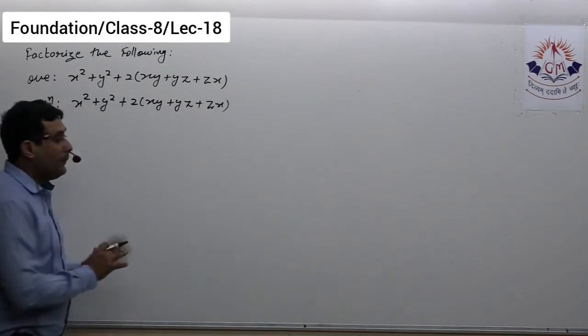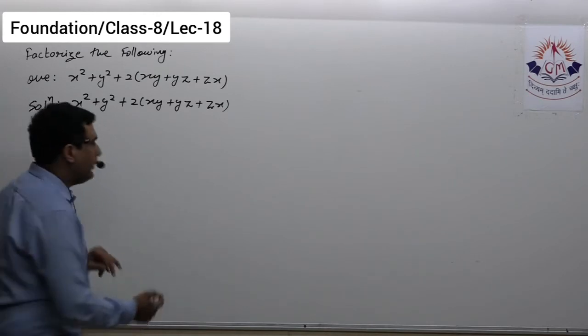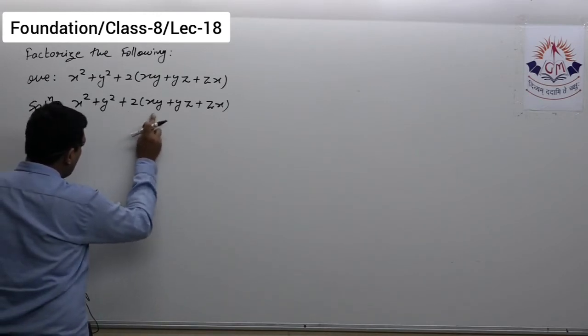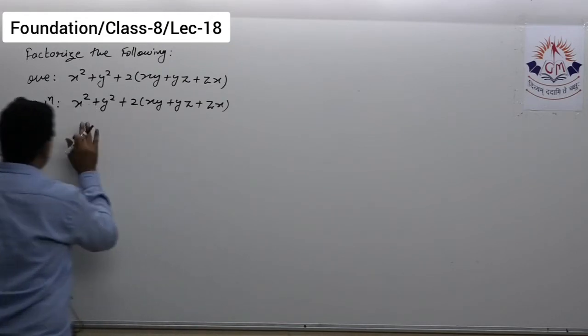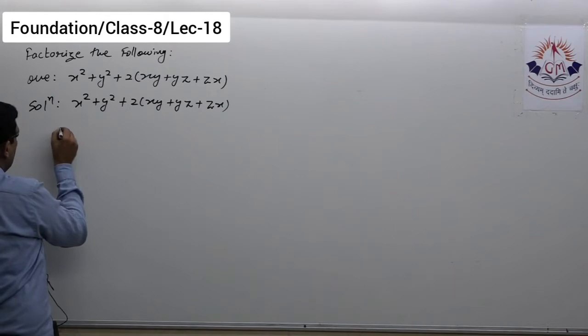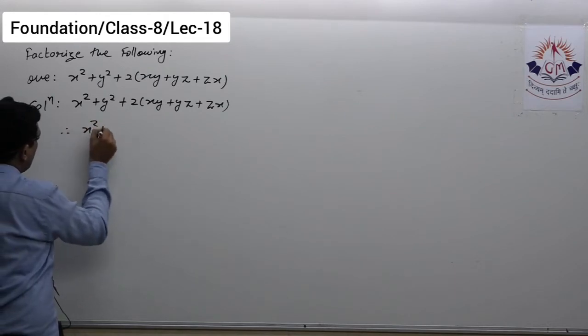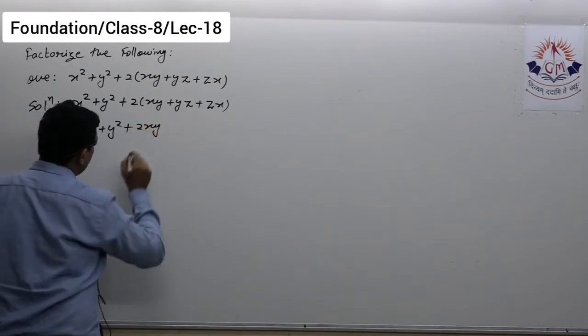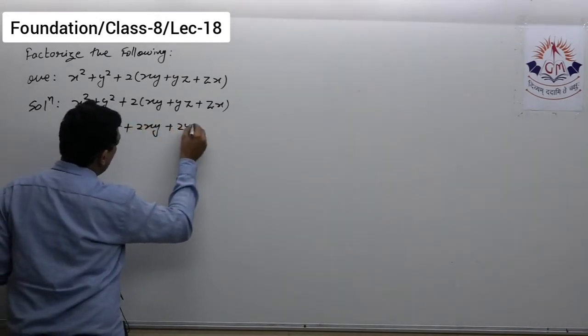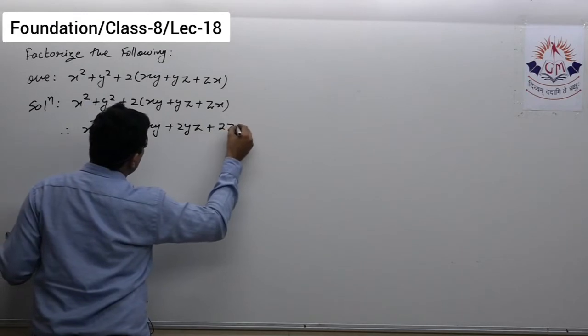That means a plus b whole square or a minus b whole square. So here you can see when I multiply 2 with this xy, definitely I am going to get 2xy. So here I can write x square plus y square plus 2xy plus 2yz plus 2zx.